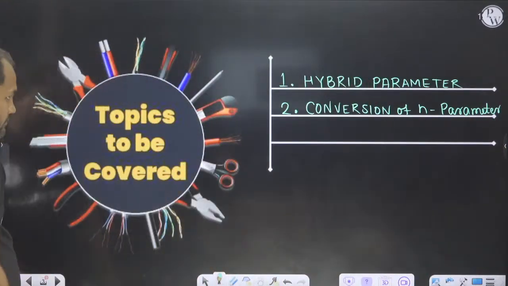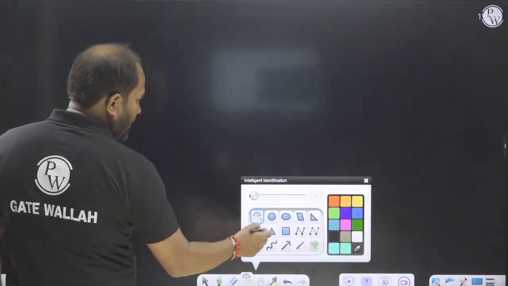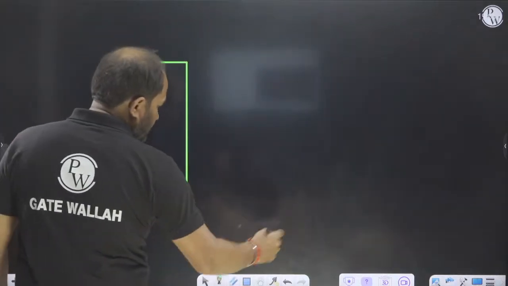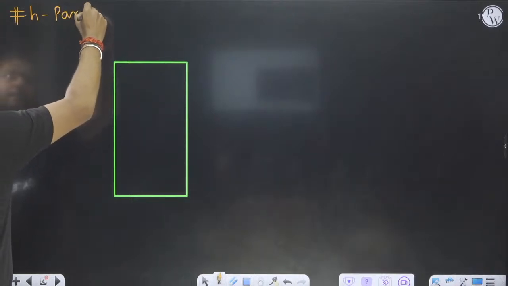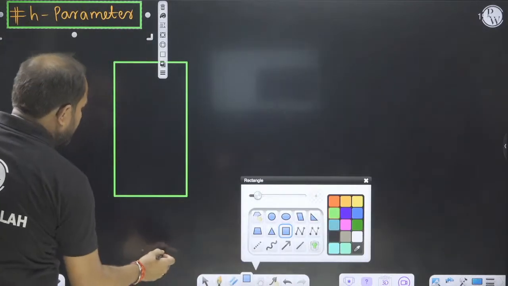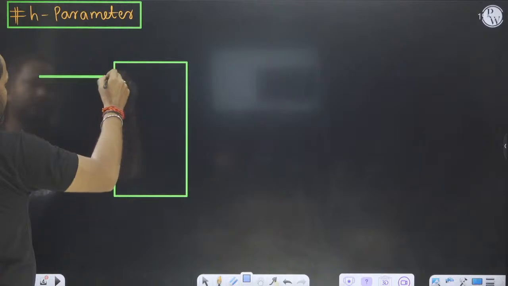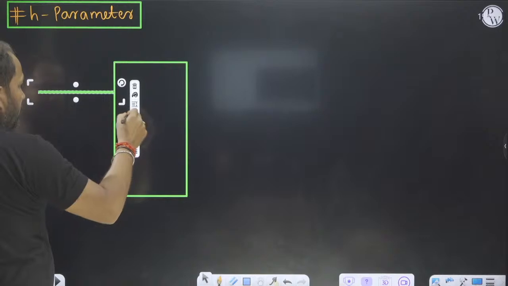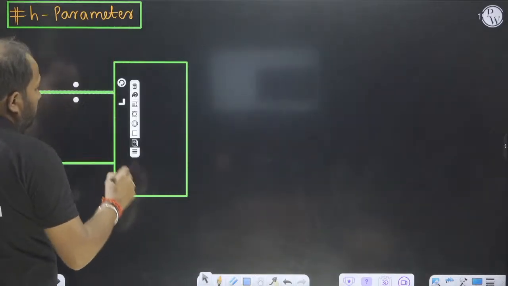Okay, so we have a two-port network for the H parameter, in which it has input and output.